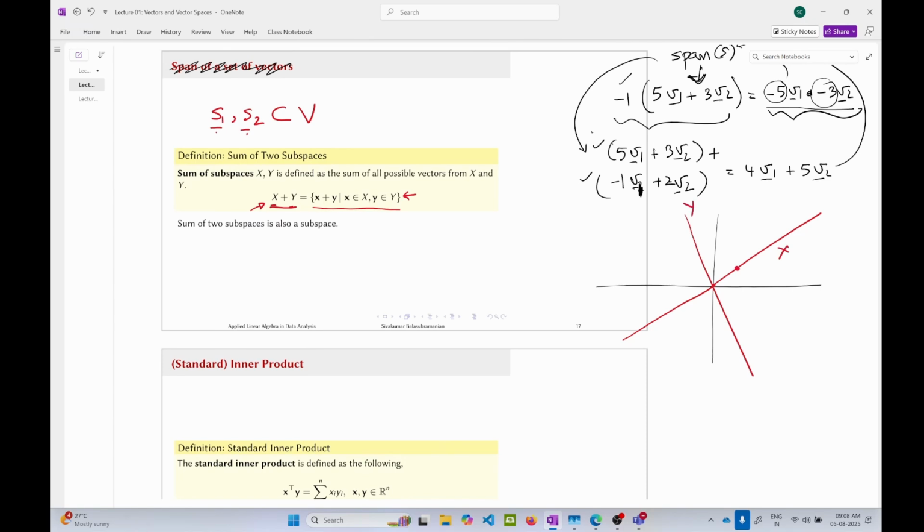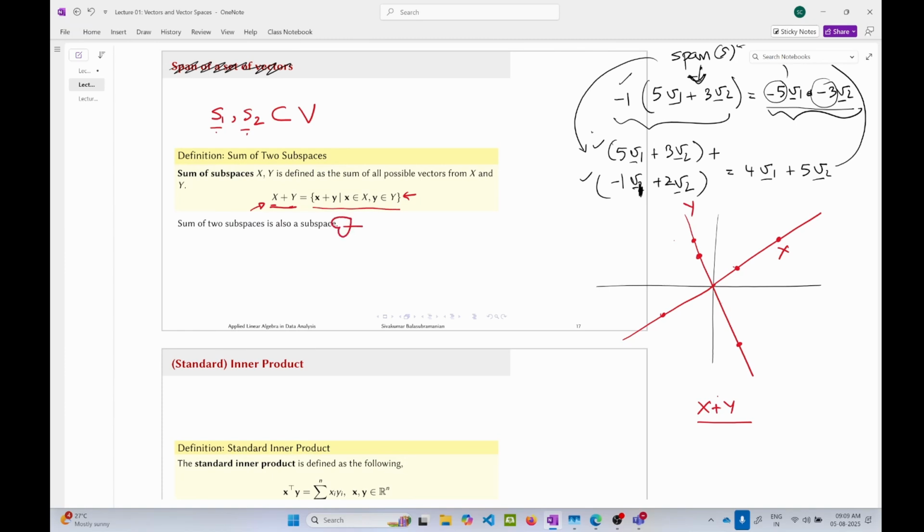This is X, this is Y. You choose one element from X, you choose one element from Y, you add them together, and then put the result in X plus Y. You choose another element here, another element here, add them and put it here. X plus Y then essentially contains the sum of all possible vectors from X and Y. That's it.